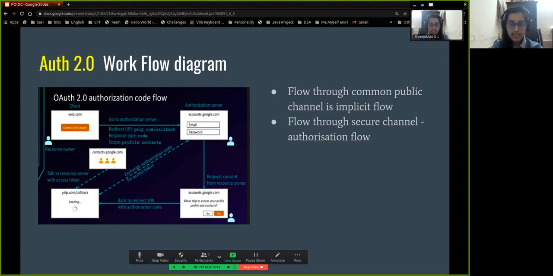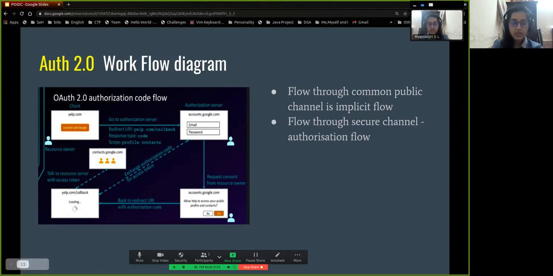Now the authorization server would ask you, a pop-up box would show asking for user consent. Okay, so do we allow Yelp to access this particular scope from this particular resource? So we can give yes or no. If we give yes, it will redirect back to the redirect URL along with an authorization code.